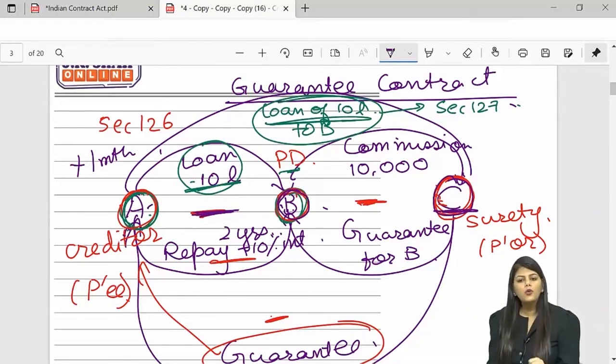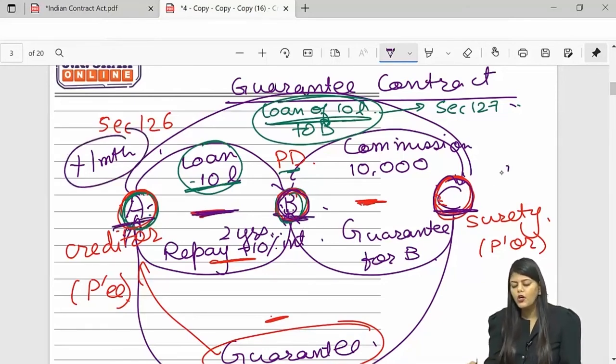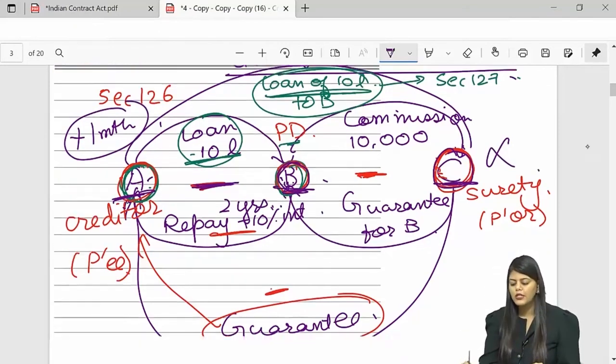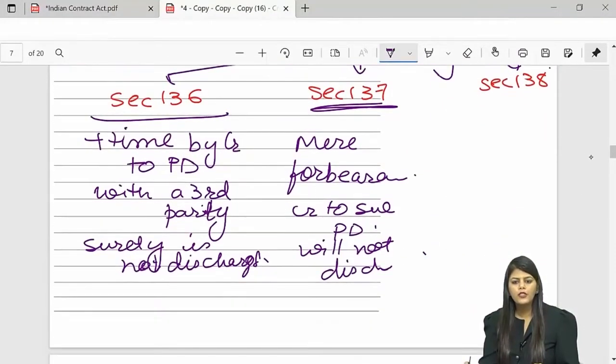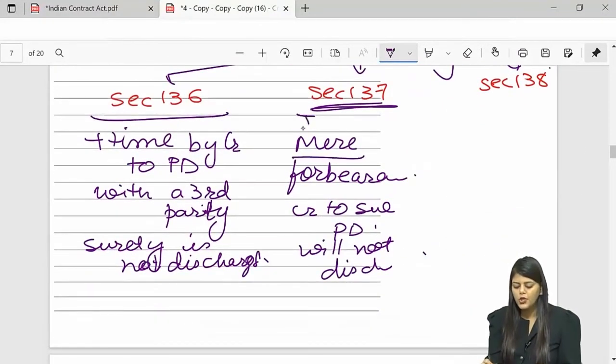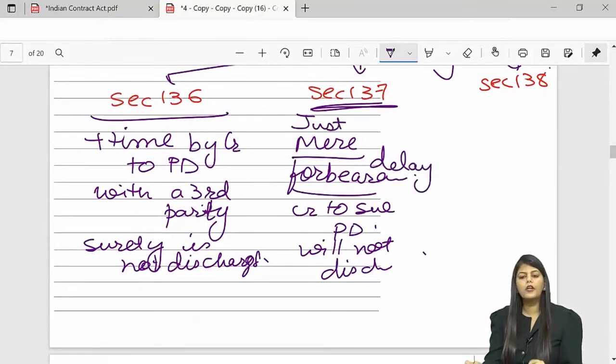How does it matter to you? Mere delay on the part of the creditor to sue principal debtor is not gonna discharge you. So you shut up and you better pay me. So see, that's what I said. Mere forbearance. Forbearance means delay. Mere means just. Just delay on the part of the creditor to sue principal debtor will not discharge the surety.